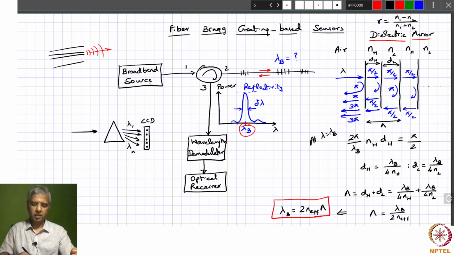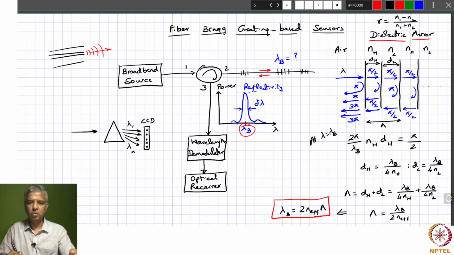We said, okay, if you interrogate with a broadband source, then the Bragg grating reflects part of that spectrum of the broadband source, and then you need to figure out what is this spectral response, power as a function of wavelength, and that is typically not achieved directly using an optical receiver.